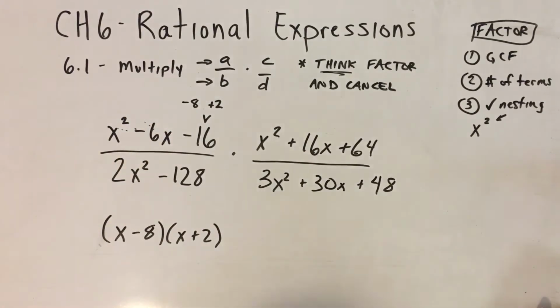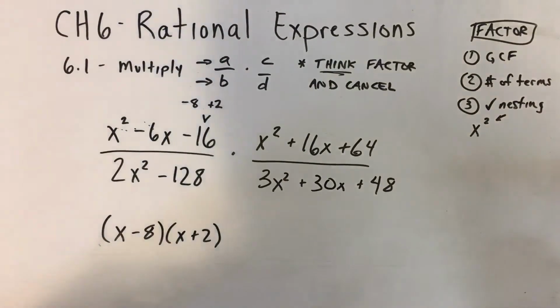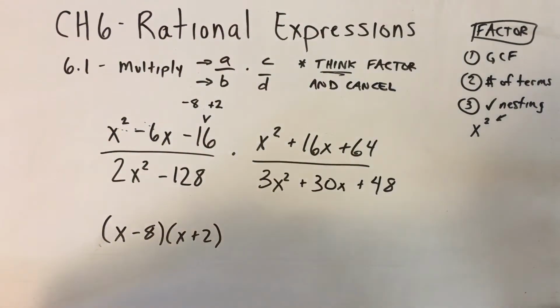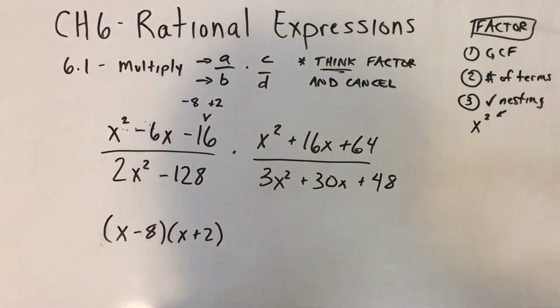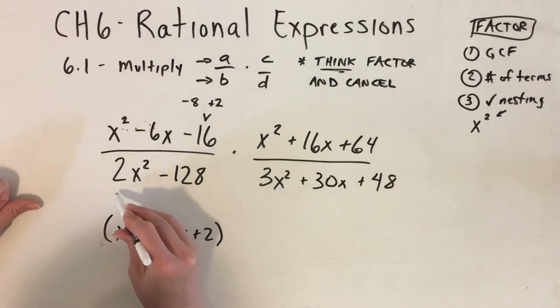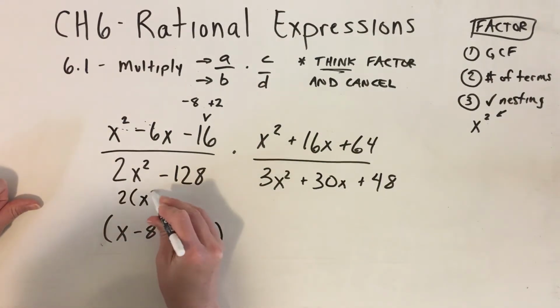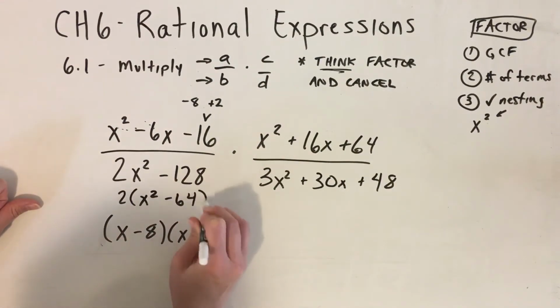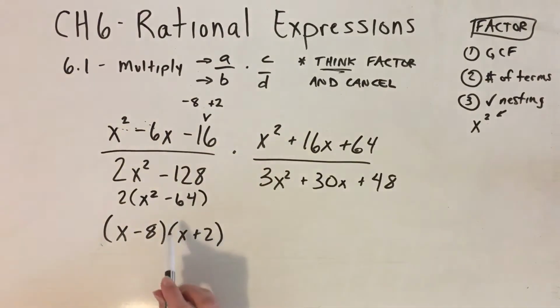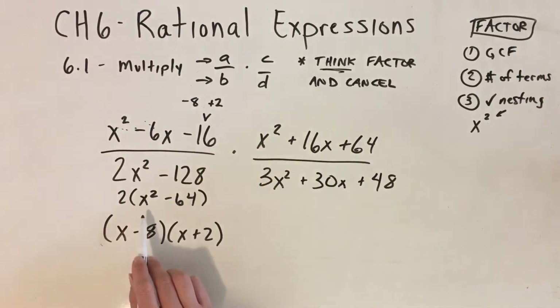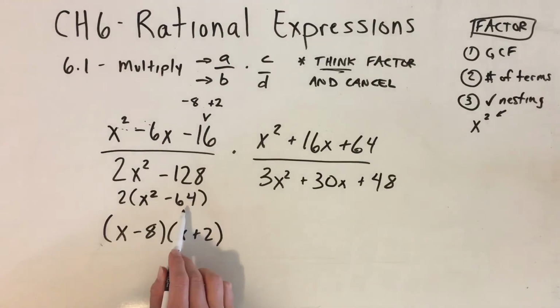The second one is going to be this bottom one here. When I'm looking at 2 and 128, they both have a factor of 2 in common. So we are going to factor out a 2 and we'll be left with x squared minus 64. Now when I look inside of here, after I've taken a 2 out of here and here, I say, hey, look, there's 2 terms.